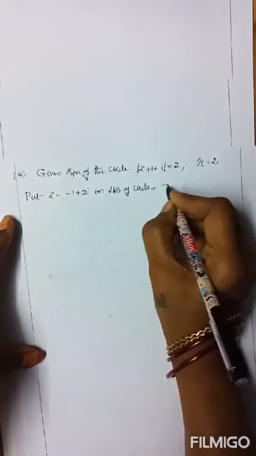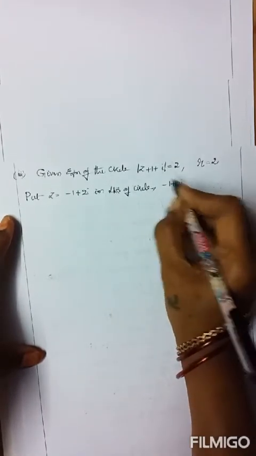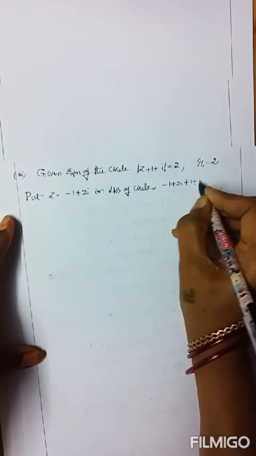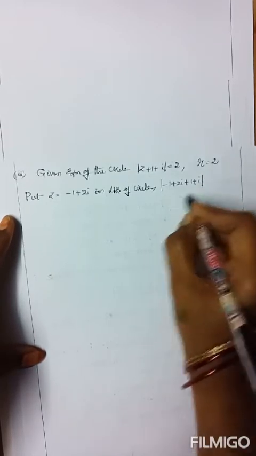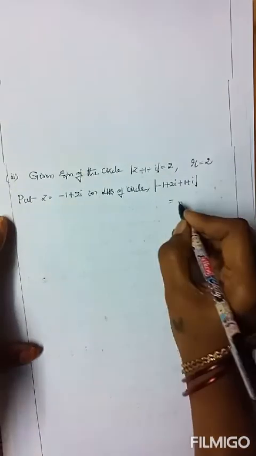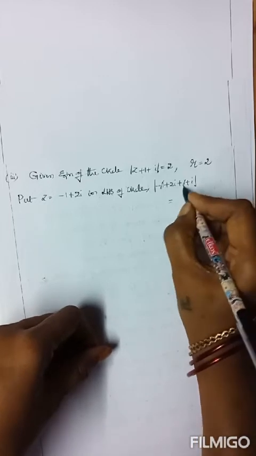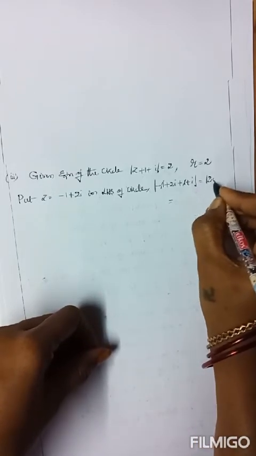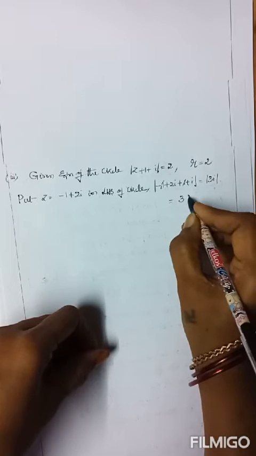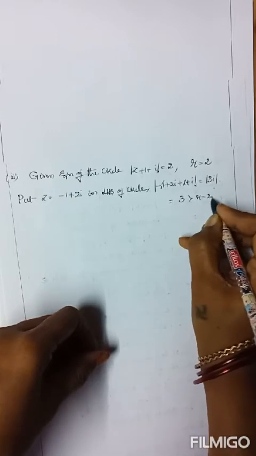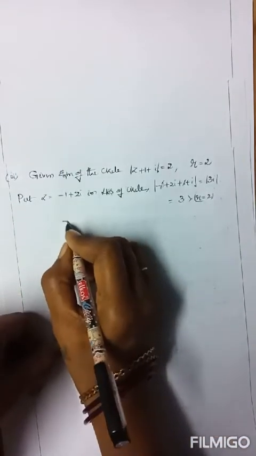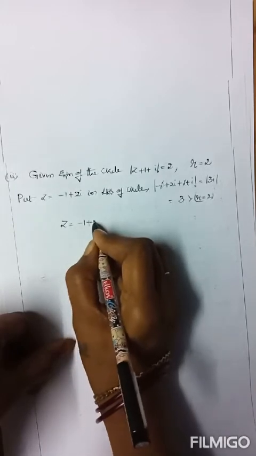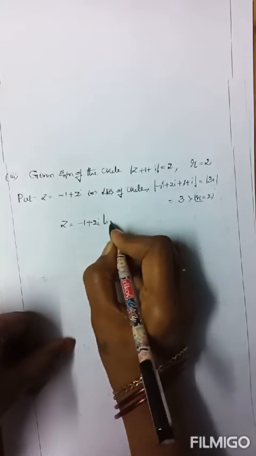Now minus 1 plus 2i plus 1 plus i, with modulus equal to, here minus 1 plus 1 cancel, modulus of 3i, which is 3, greater than the radius 2. So z equals minus 1 plus 2i lies outside of the circle.